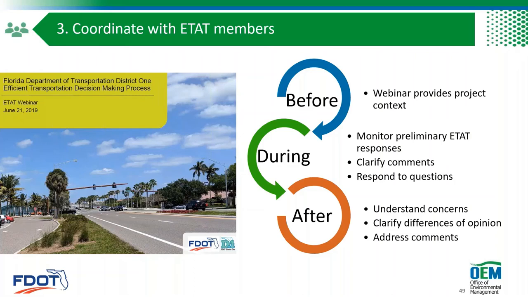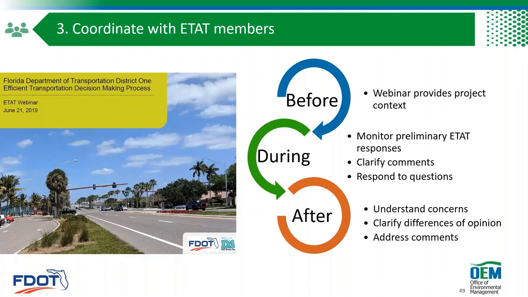You'll also be coordinating with the ETAT members during the ETAT review. You'll receive some emails if they're triggering a dispute, or in some other cases, like if they're saying there's a substantial impact, so you can actually start talking to them ahead of time.